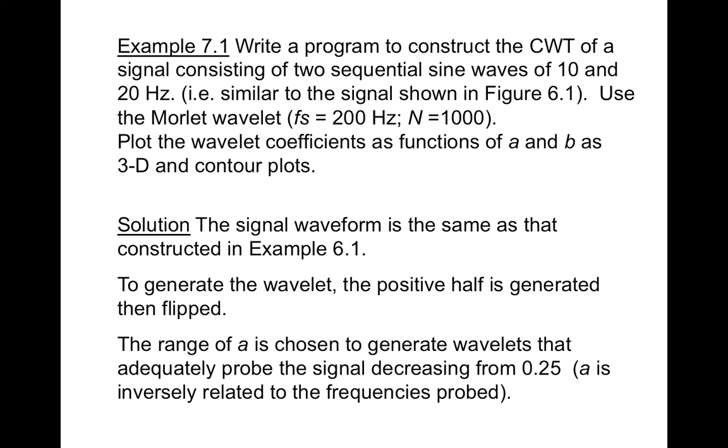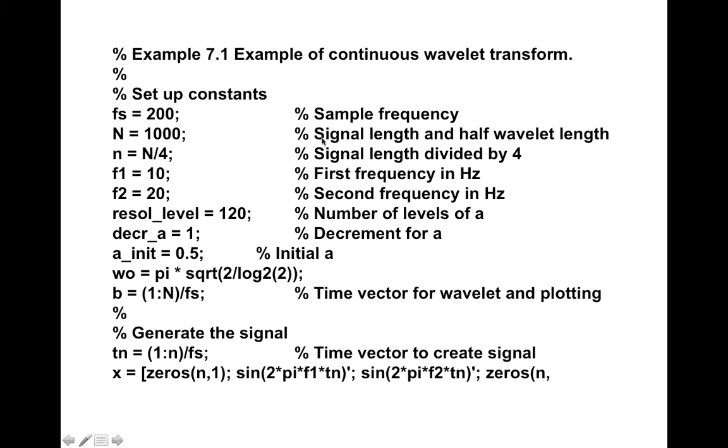So, we might have a different experiment where we wanted to range A from 0.25 to 10. It just depends on your application, and sometimes it's a little bit of trial and error to get a feeling for your data. So here's the code.